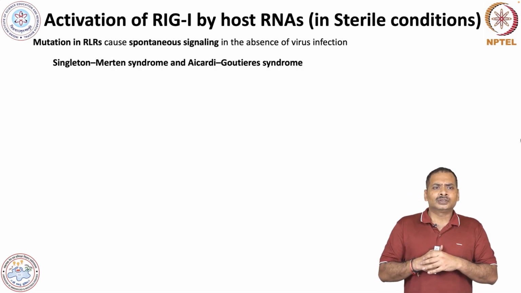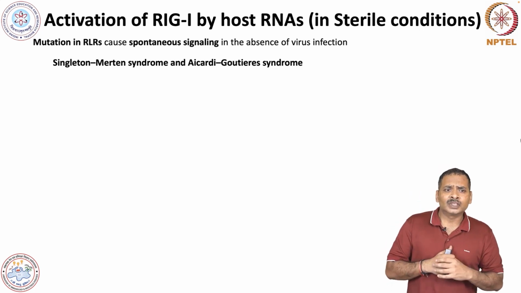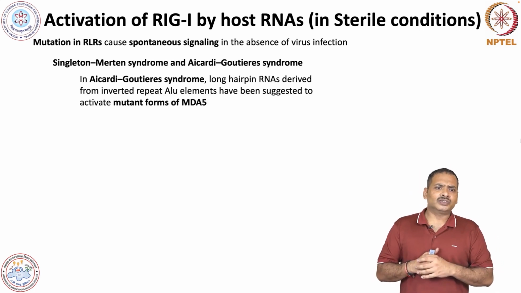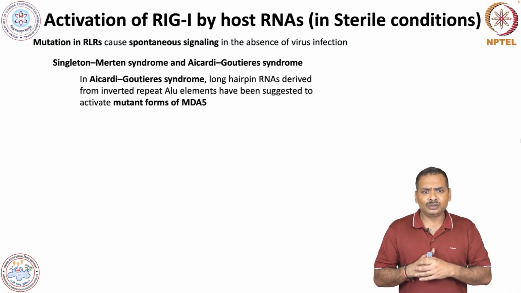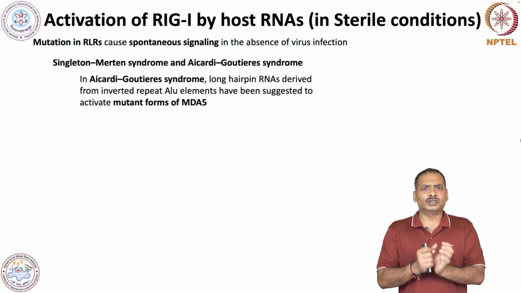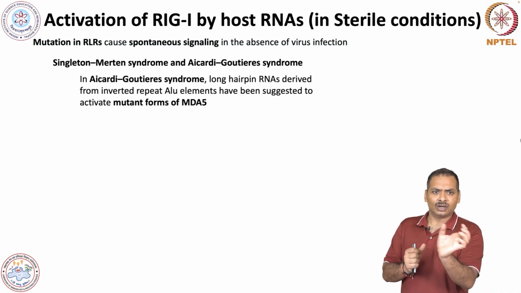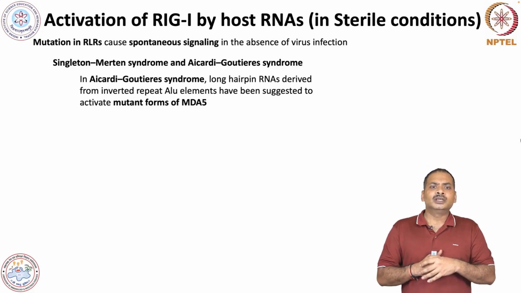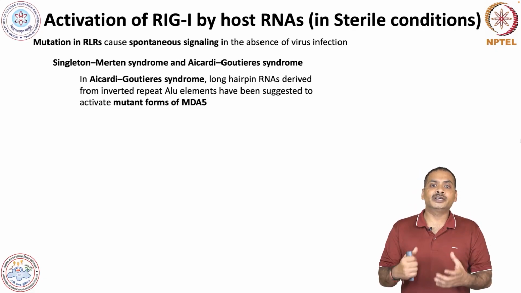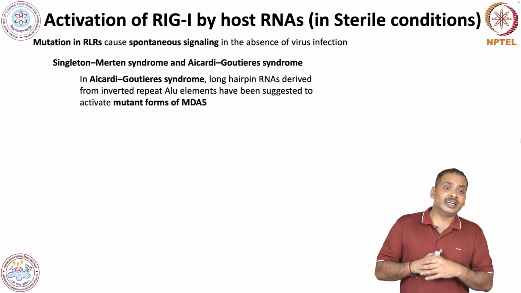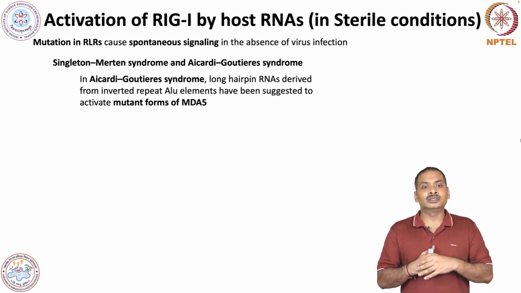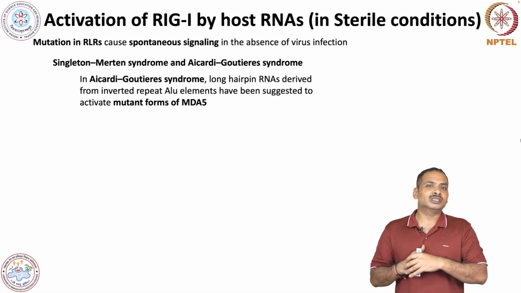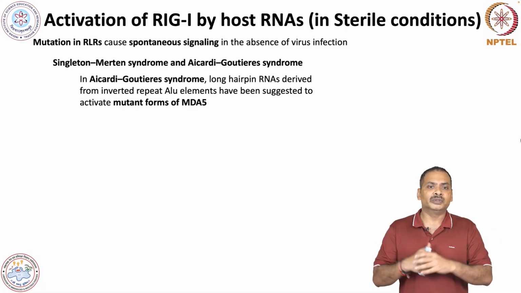In case of this Aicardi syndrome, I am saying it for convenience because the long name is a little complicated, there is a long hairpin RNA derived from inverted repeats. There are ALU elements, a lot of ALU elements.